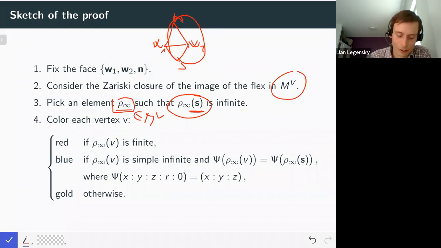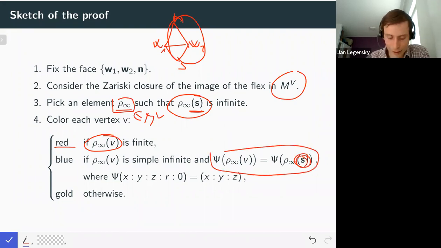So we use this rho infinity to color the vertices of our polyhedron. Namely, we color a vertex red if rho infinity of this vertex is a finite point in M. We color it blue if it's infinite with some extra condition that involves this S, where the condition you can see here, but that's important for the technical details of the proof, but not for now. And the rest we color gold.